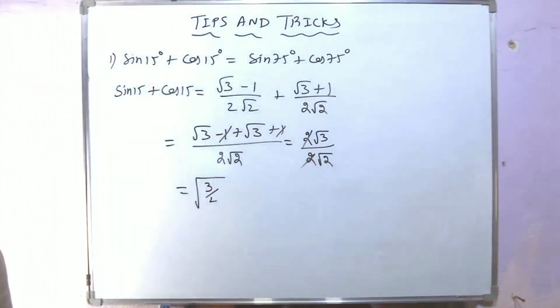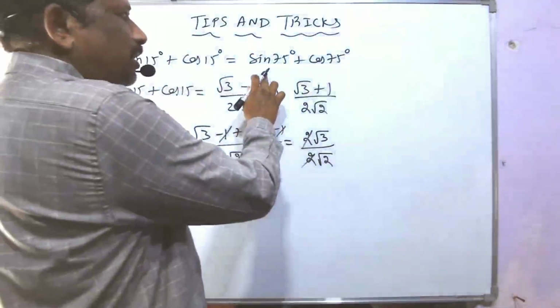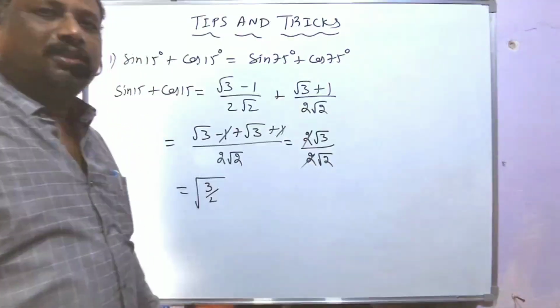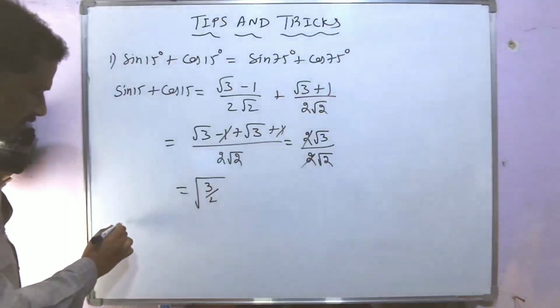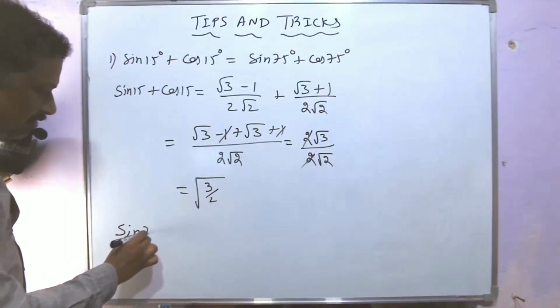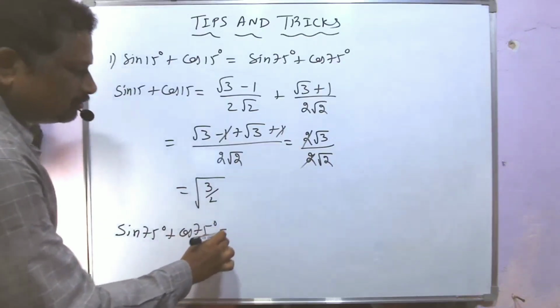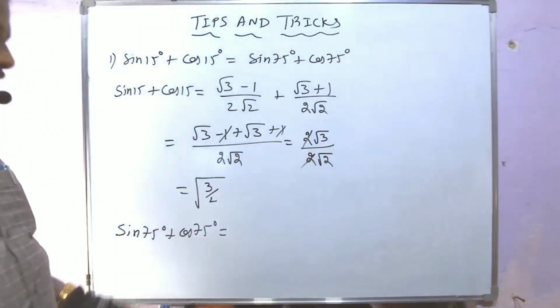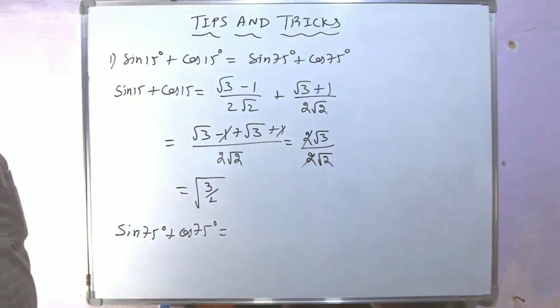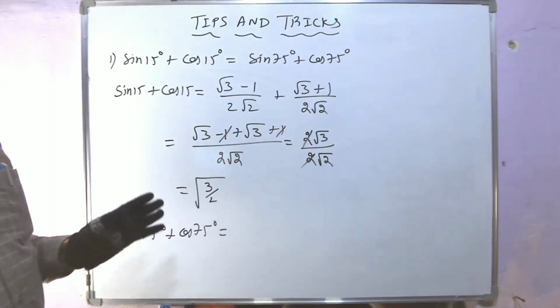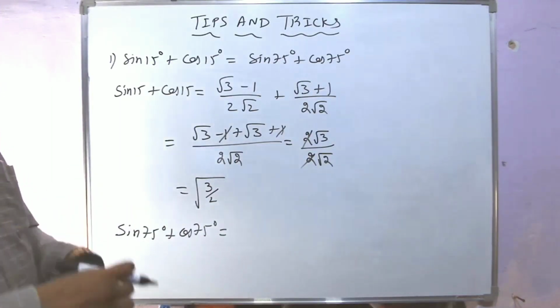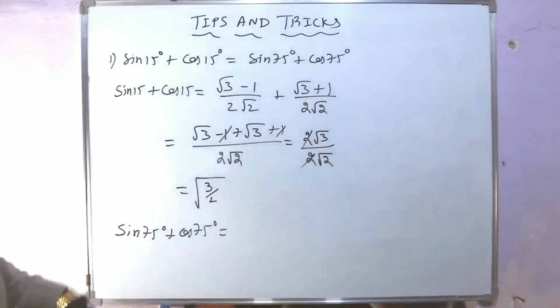Okay. Next one, sin 75 degrees plus cos 75 degrees. So what is sin 75 degrees? How do we get sin 75 degrees? We can write 90 minus 15, so cos 15 degrees we will get.